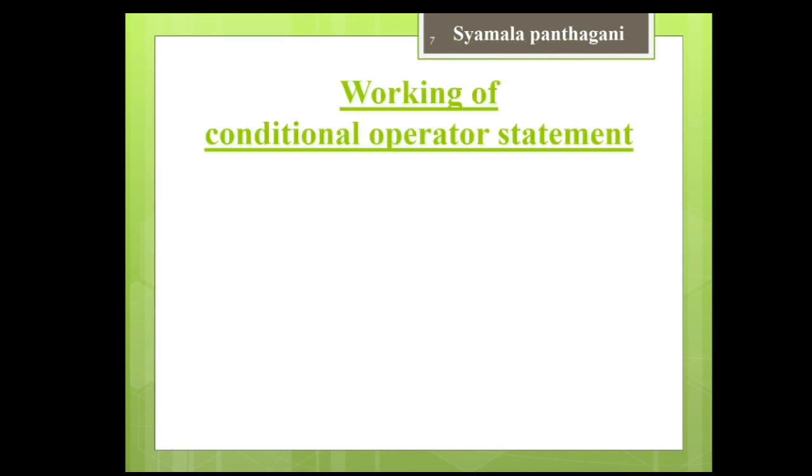Now come to the next one, working of conditional operator. This is a very important model for the 2 marks questions. c is equal to open bracket, a is greater than b, question mark, a plus b, full colon, a star b, semicolon.